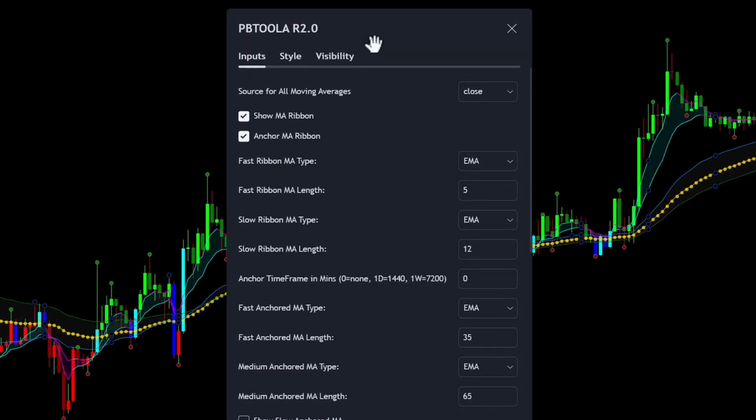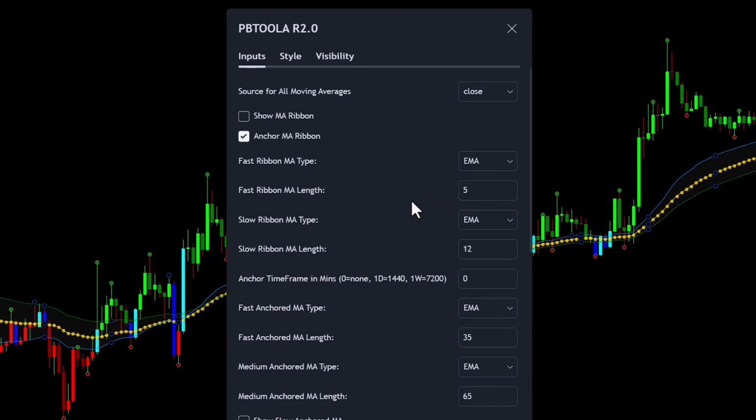Head over to the settings for the indicator and adjust a few things. In the input section, make sure all moving averages are set to close and disable the show moving average ribbon option. Next, tweak the settings for the fast, medium, and slow anchored moving average to match your strategy.